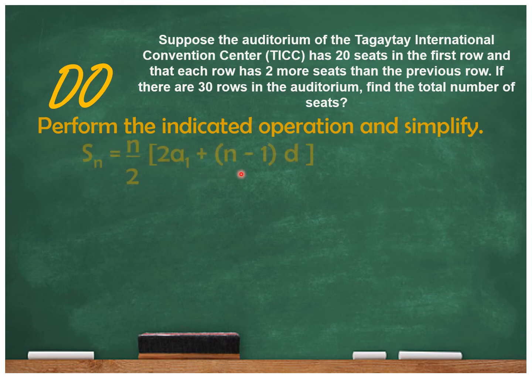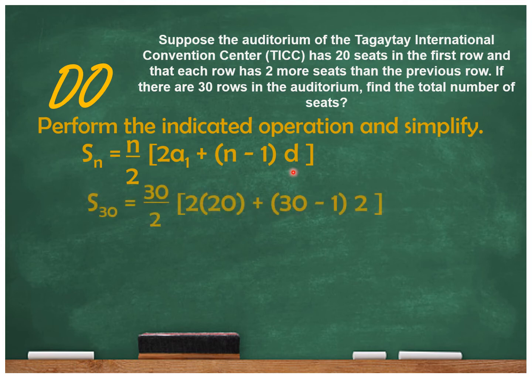So let us substitute. We have n is 30, a sub 1 is 20, n is 30, and the common difference is 2. So 2 times 20 is 40, 30 divided by 2 is 15, and then we have 30 minus 1 is 29, times 2.